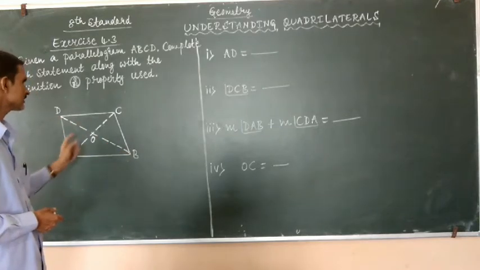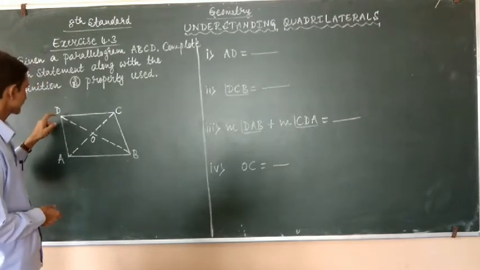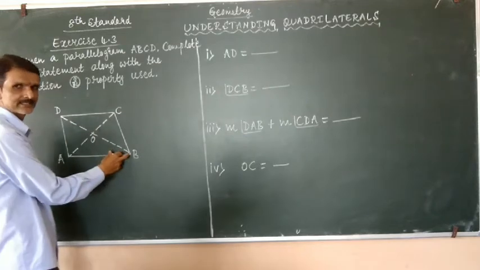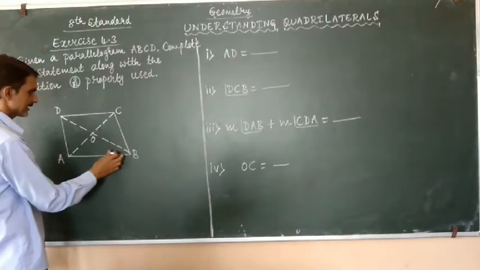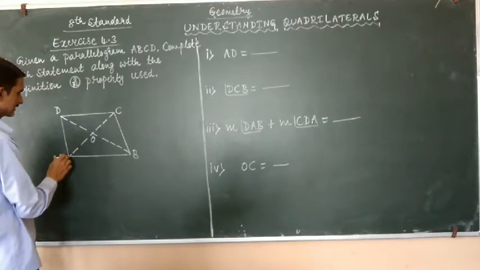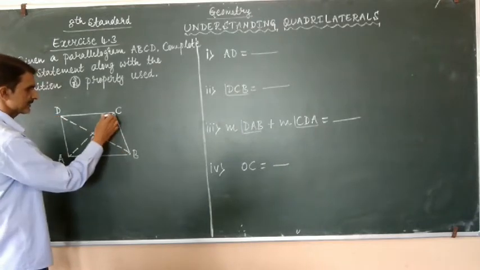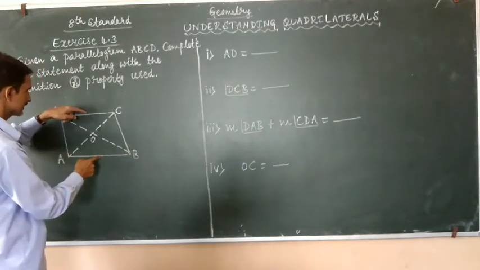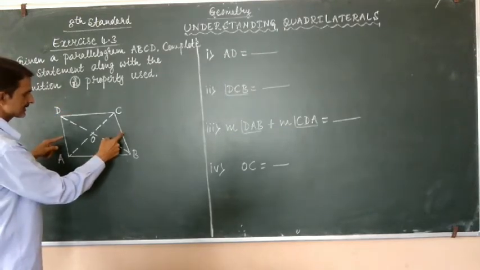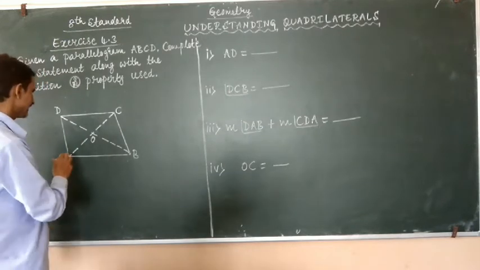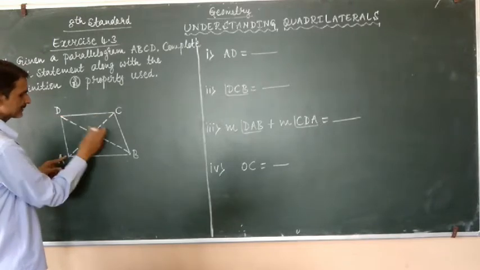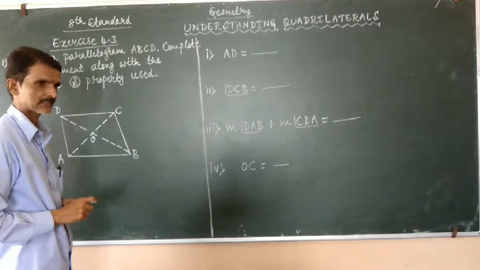That means angle A equals angle C, angle D equals angle B. Side AD is equal to side BC, and these two sides are equal and parallel.